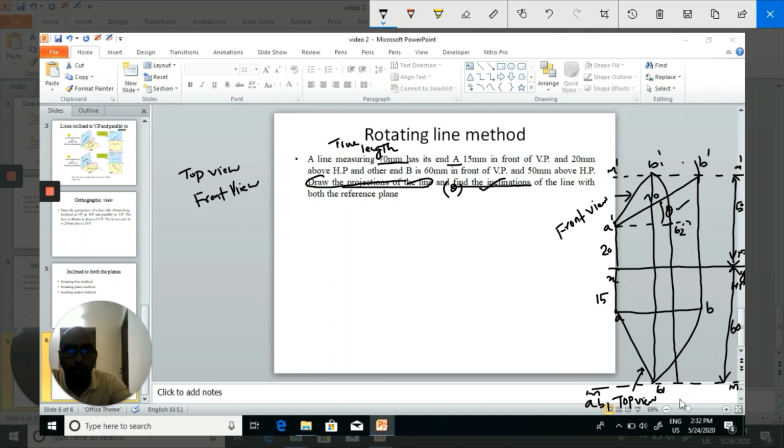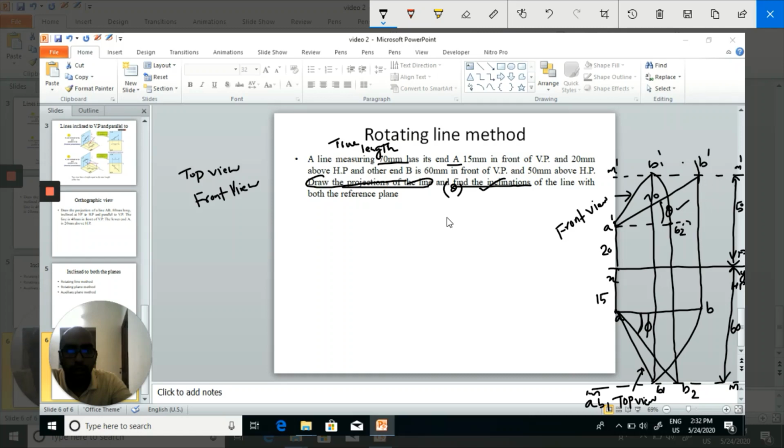Now from A join that point. If you measure this angle phi, that will be the angle of inclination with the horizontal plane.